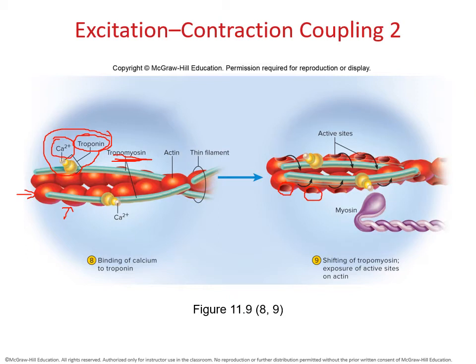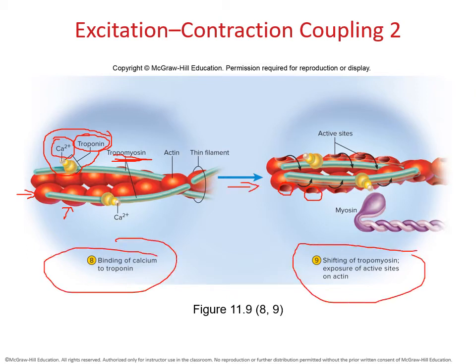The troponin will move tropomyosin out of the way, and when it moves the tropomyosin out of the way, now we have exposure of the active sites. And because we have the striations in skeletal muscle, we know that we have alternating sections between the thick and the thin filament. So there is a thick filament very nearby, that thin filament, ready for its golf ball head to interact with the active site on the thin filament.